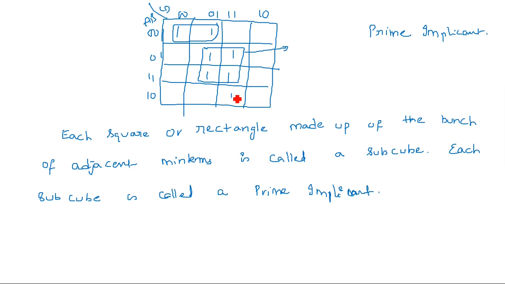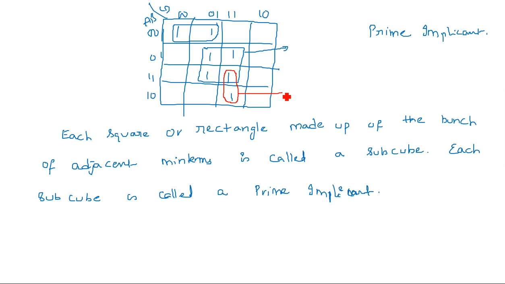See, this one is covered with only this particular one. This particular minterm can cover with only this one, and this one is not able to cover with any other minterms. It can be covered with only one prime implicant. It cannot be covered with any other prime implicants.